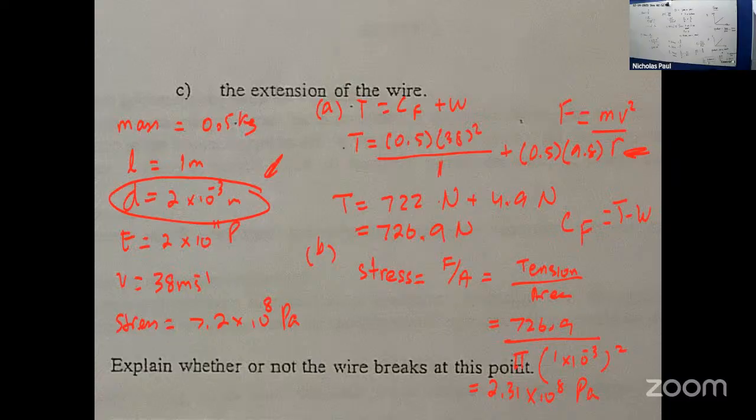Right, last part of it, we'll call that part two, to be done. We need to get the extension. What's the formula we use for extension?